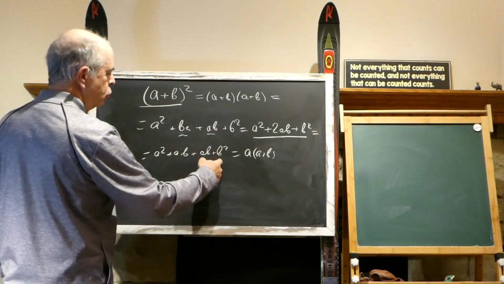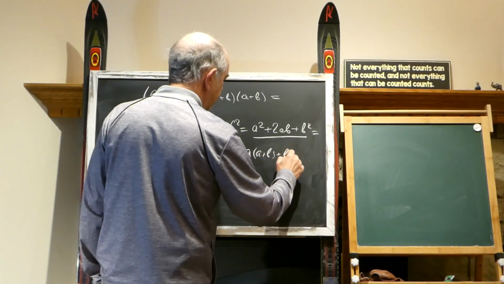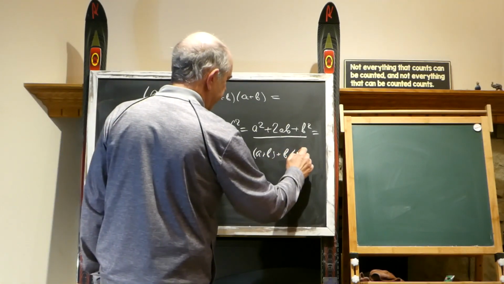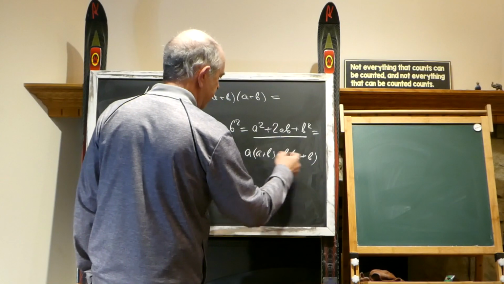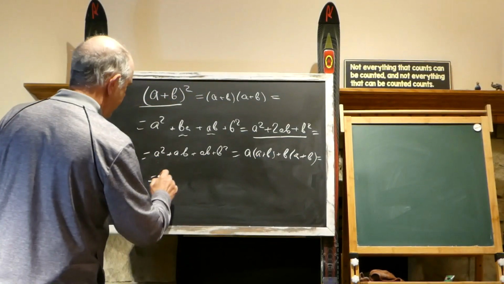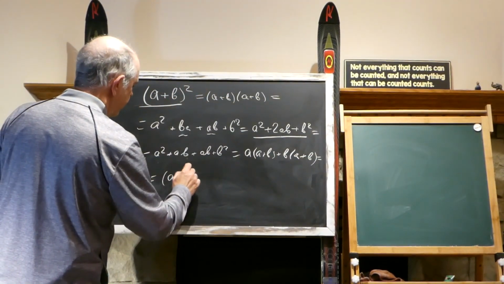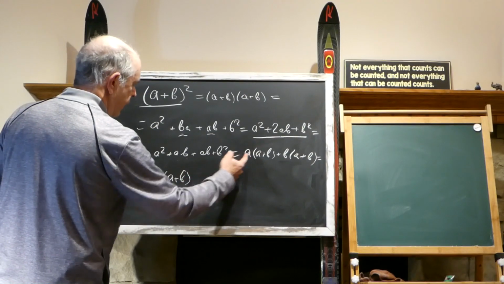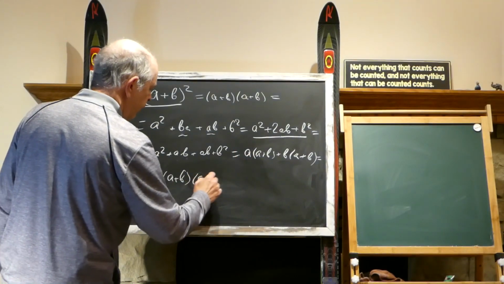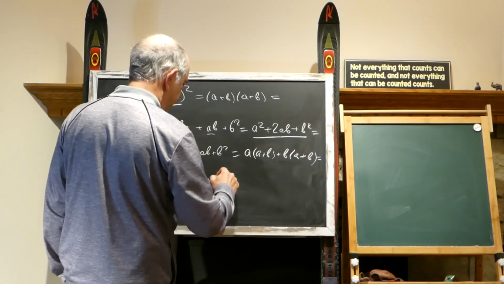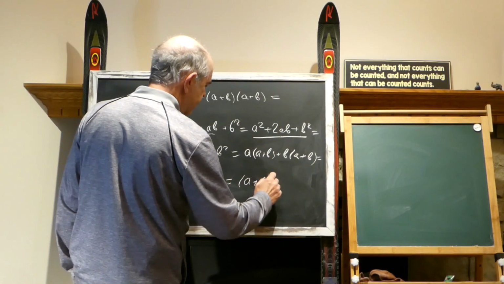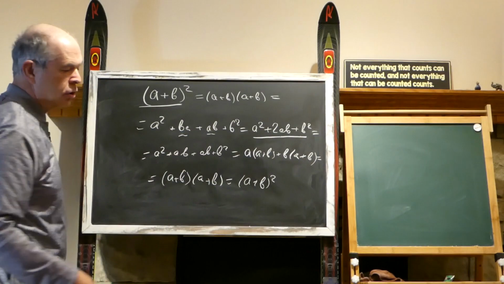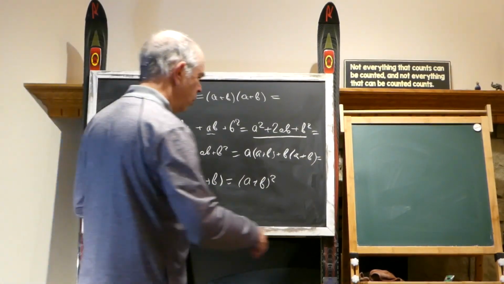Then you have those two, and you take b out, and what's left from this is a, what's left from this is b. Then a plus b is the common thing, and you put (a plus b), and what's left from this is a, and what's left from this is b. And so you came to (a plus b) squared, because this is the definition of squared. All right.